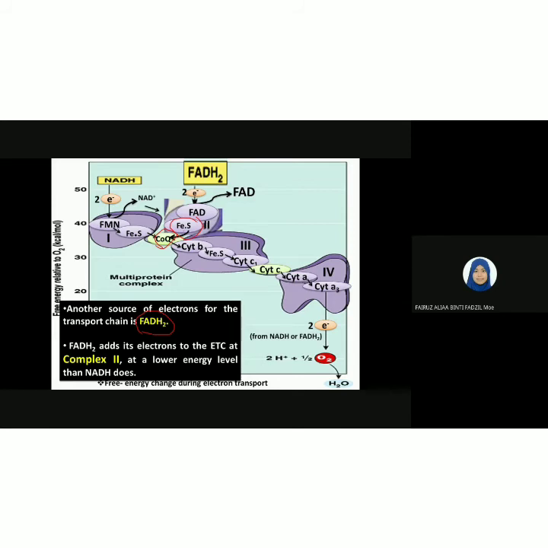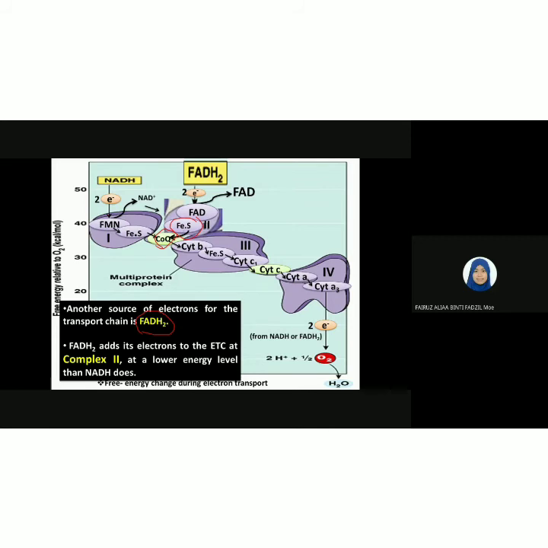That's why at the end of the day, NADH passing electrons to complex 1 will yield more ATP compared to the electrons contributed by FADH2, because FADH2 passes electrons at a lower energy level and will produce much less ATP than the electrons from NADH.